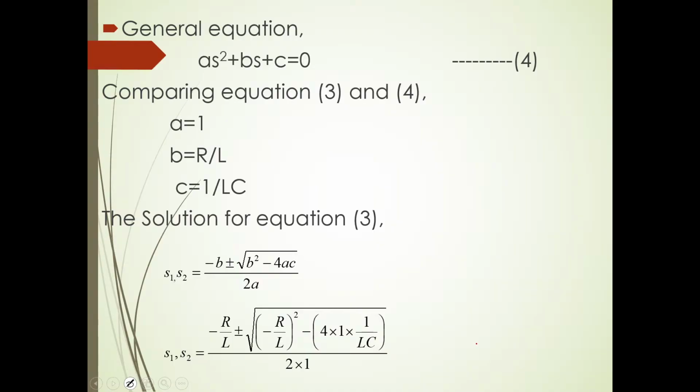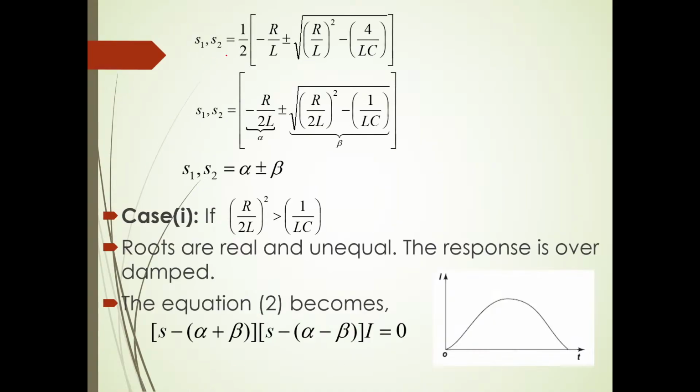You can further simplify and write it like this: s1, s2 equal to 1 by 2 into minus r by l plus or minus root of (r by l) whole square minus 4 by LC. Now multiply 1 by 2 within these brackets.